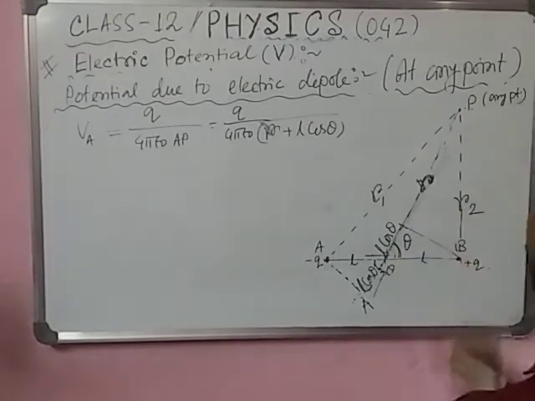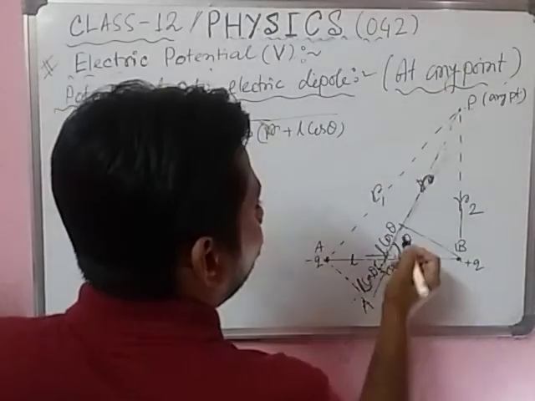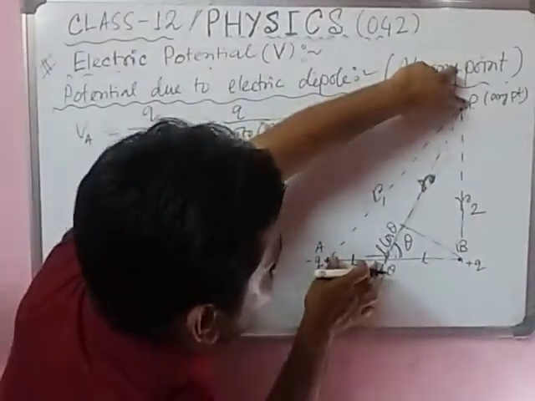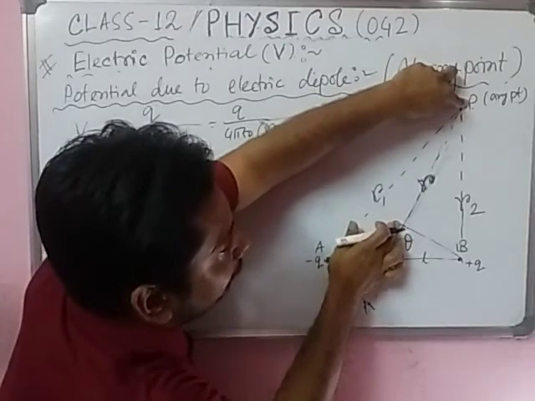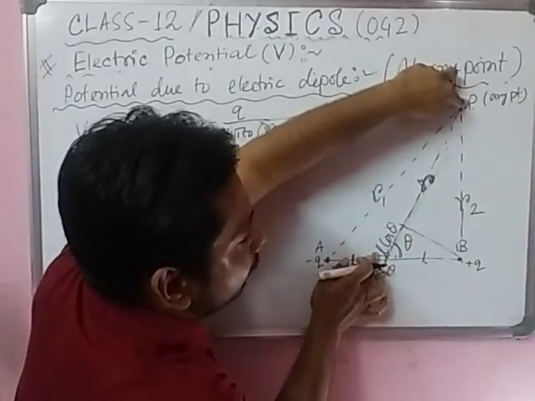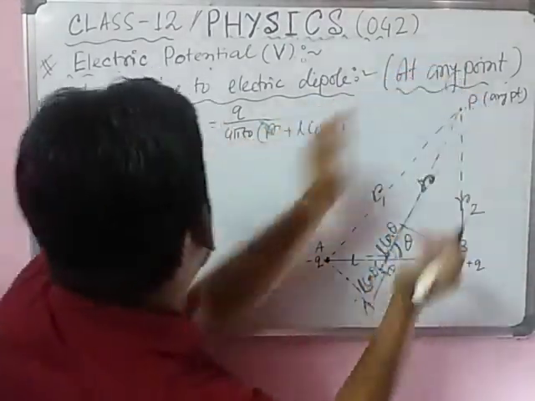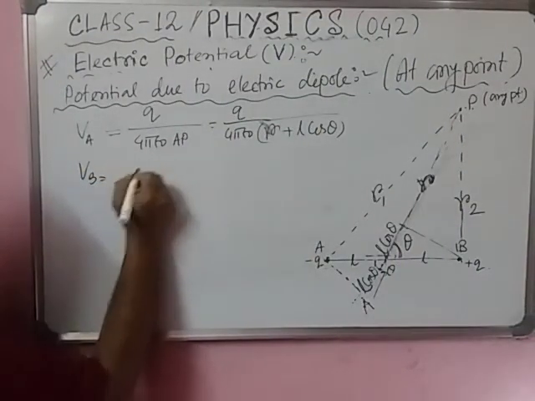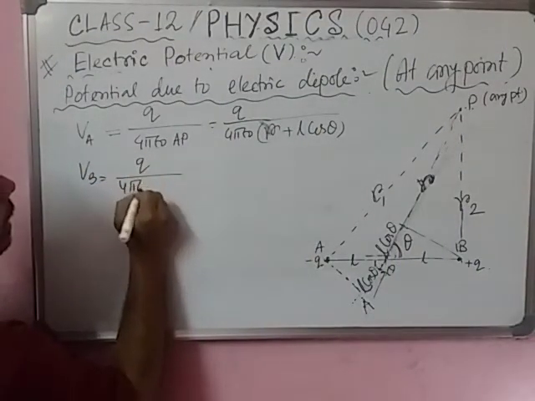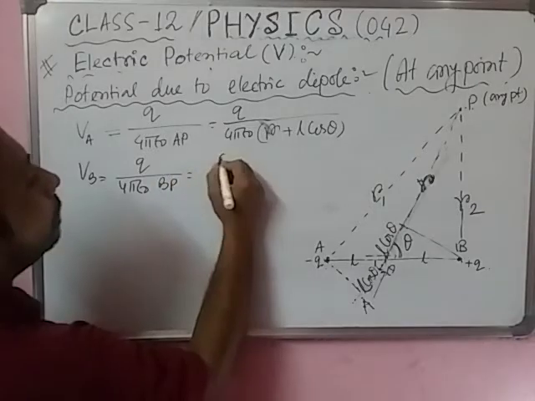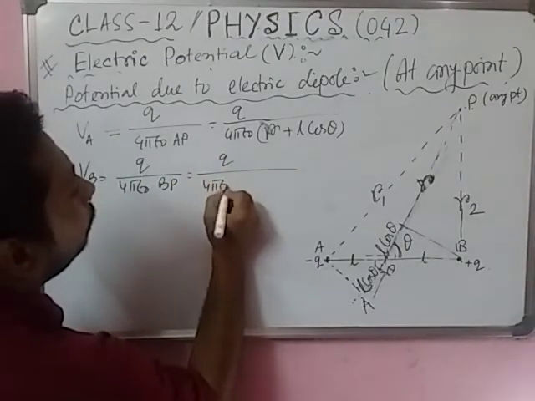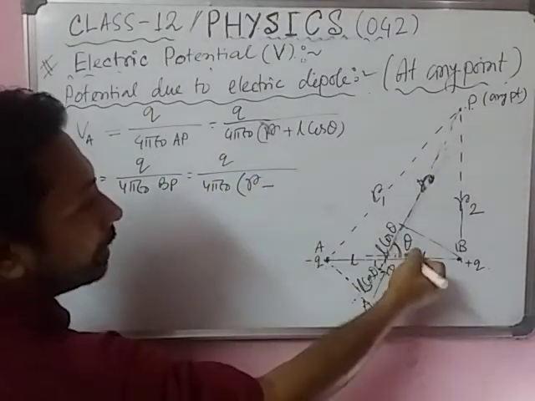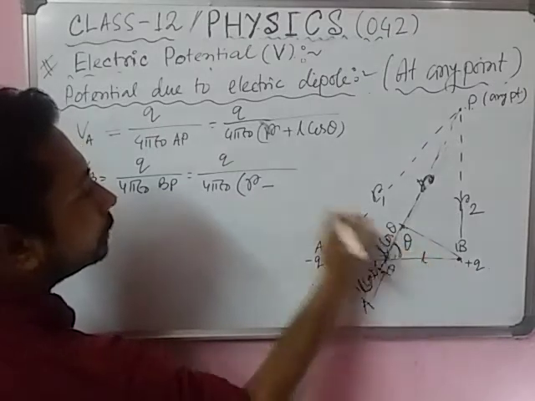So R minus L cos theta gives you BP. So VB equals Q by 4 pi epsilon naught of BP, which means Q by 4 pi epsilon naught times R minus L cos theta.